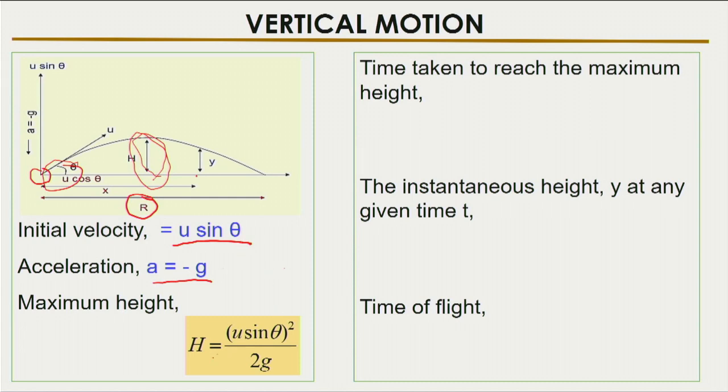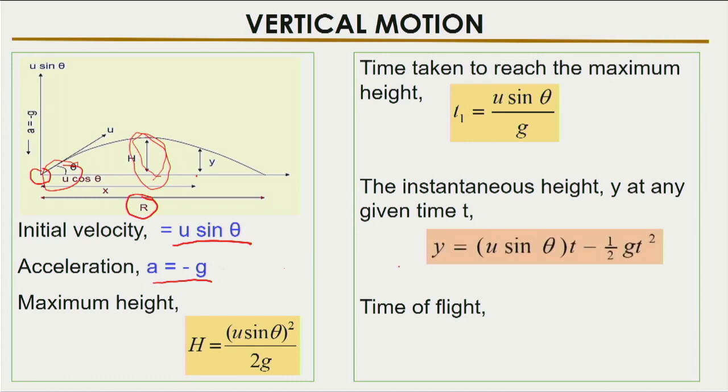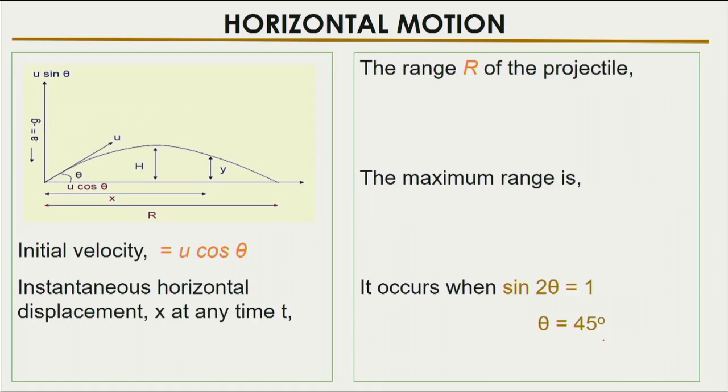Height equals u sin theta squared over 2g, and time taken t1 equals u sin theta over g. The instantaneous height y at any given time t is y equals u sin theta t minus half g t squared, and time of flight t equals 2u sin theta over g, which equals 2 t1.